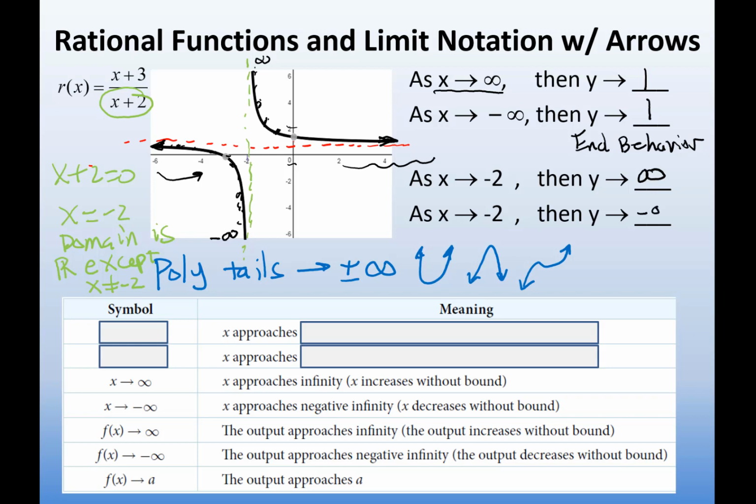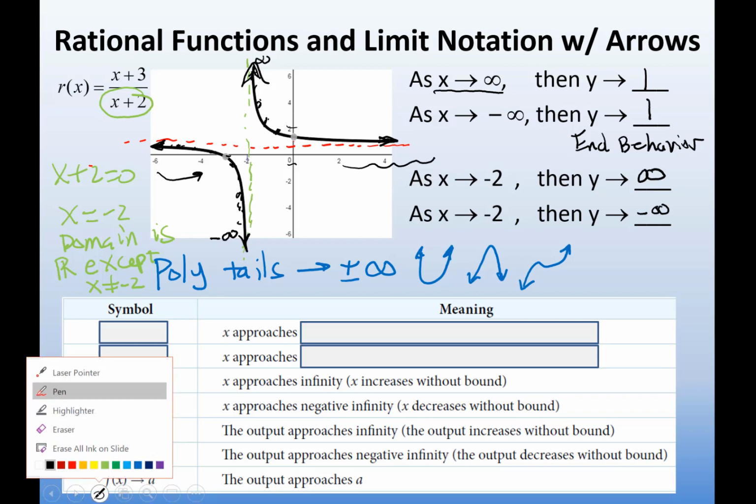Now this is a little bit of a dilemma. When we look at this, there's a tail that goes up and another tail that goes down. And so if we use this arrow notation to describe our tails, we have a little bit of a problem, because x is going to the same number, but the outputs are different. Now we're going to have to differentiate how we communicate that.